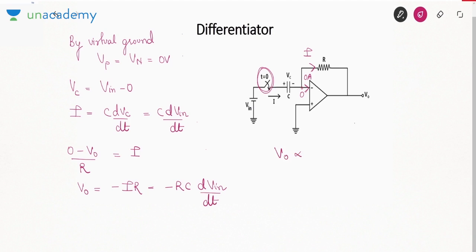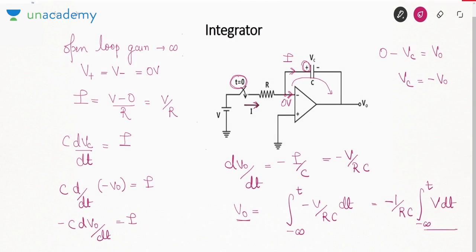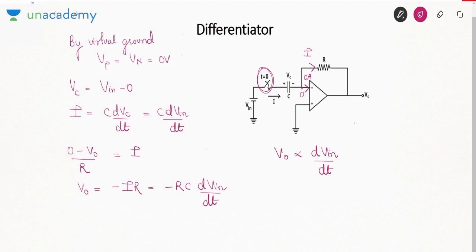So you can say that V0 is proportional to dVin by dt, or we are getting an output proportional to the time rate change of input. Also see the factor external to it. In integrator, what were we getting? In integrator, we were getting minus 1 by RC. In differentiator, what we are getting? Minus RC. So we are getting reciprocal of the previous factor. So just this circuit will work in opposite manner to the integrator circuit.